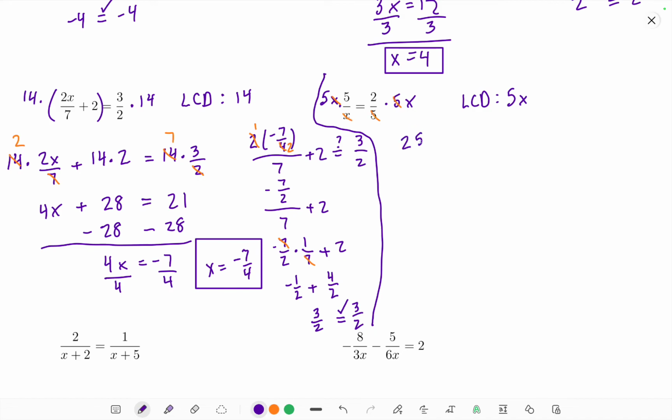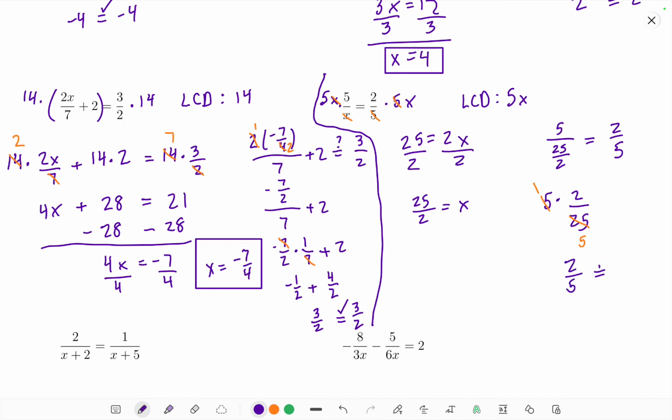So we're left with 25 equals 2x, divide by 2, divide by 2, x equals 25/2. So we get 5 over 25/2. Does that equal 2/5? Well, that's 5 times 2/25. The 5 reduces the 25 to a 5. So we get 2/5 does equal 2/5.